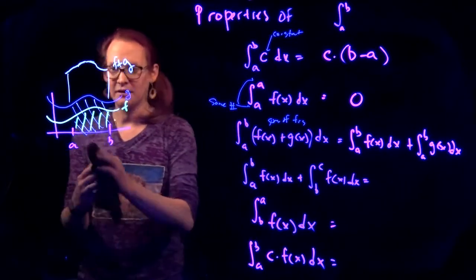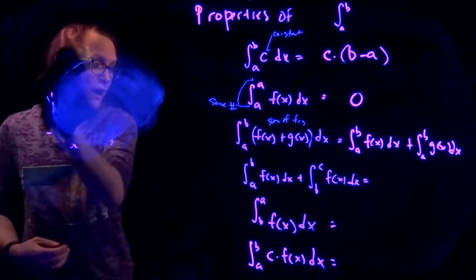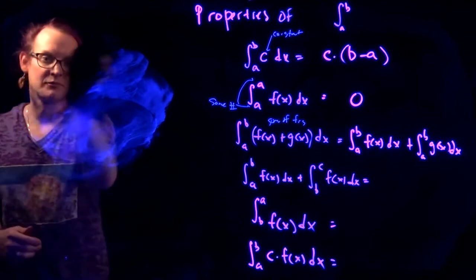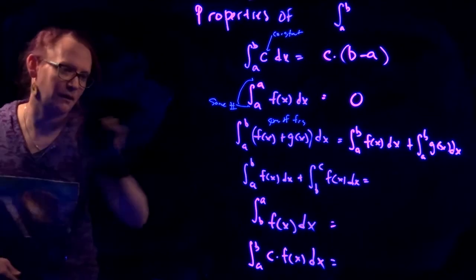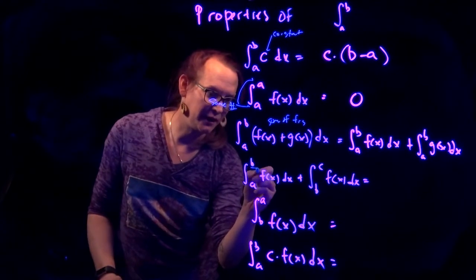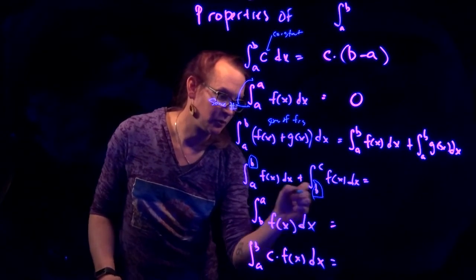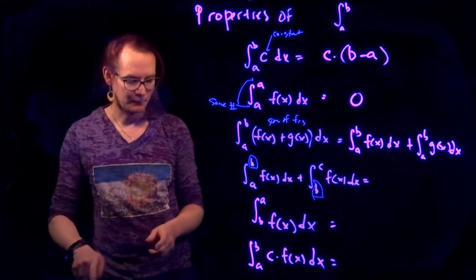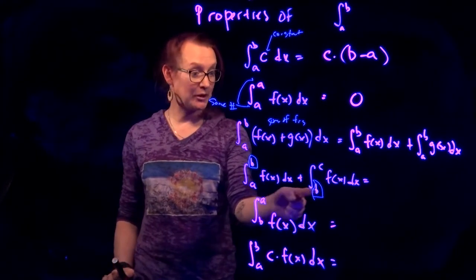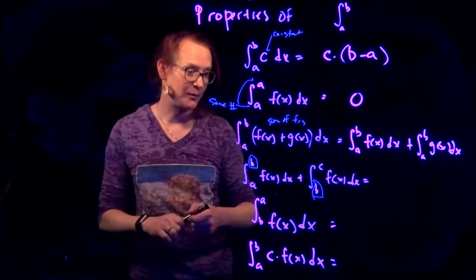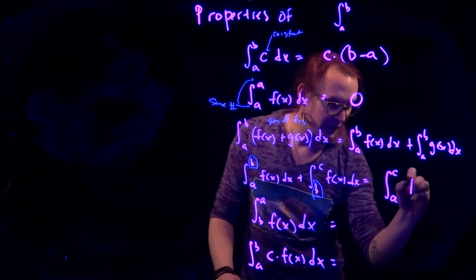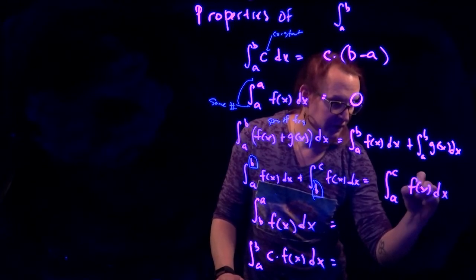The next one is about what happens when I have adjacent intervals. Okay, so b is right here and b is right here. I'm integrating from a to b some function, plus I'm integrating from b to c of some function, I get to just go the integral from a to c of f of x dx.